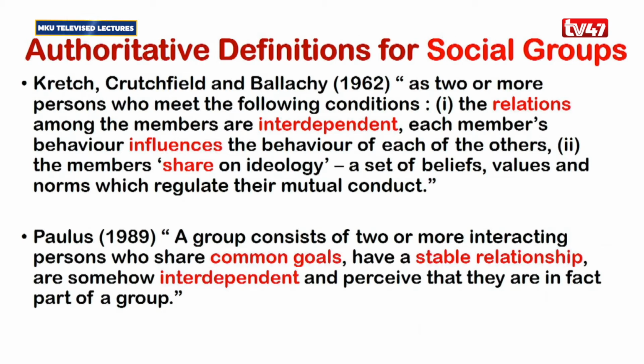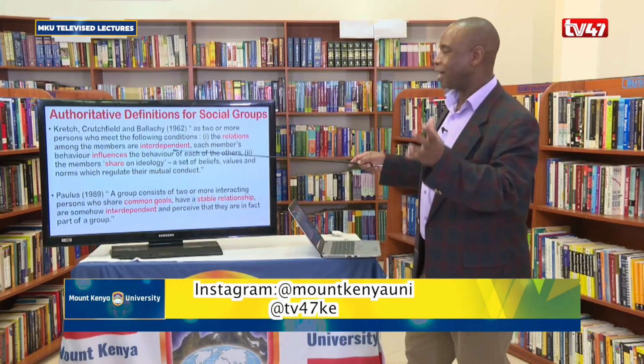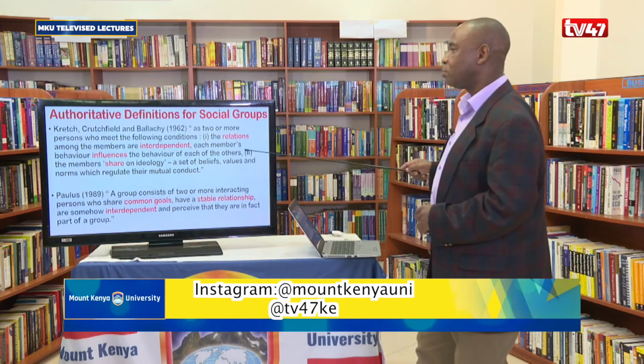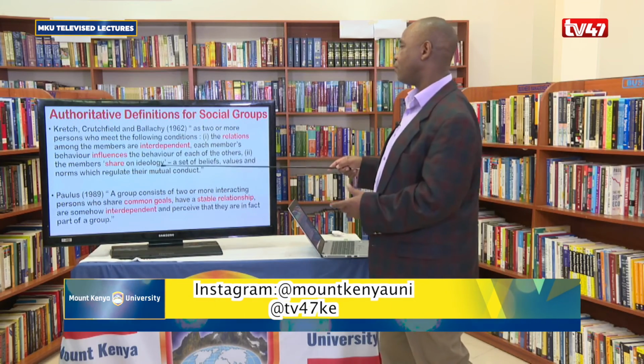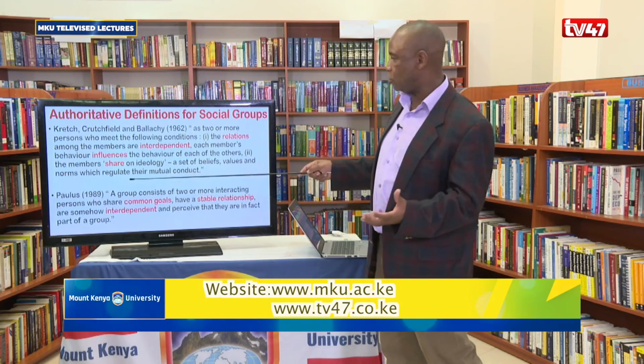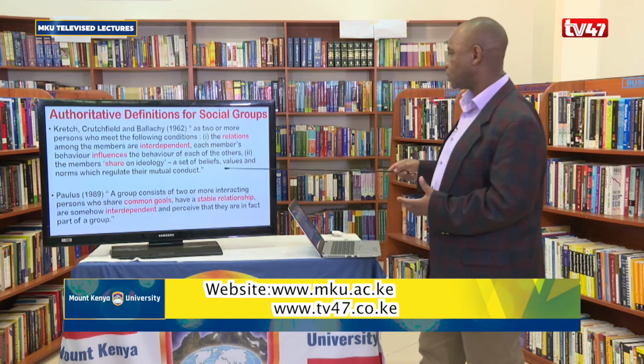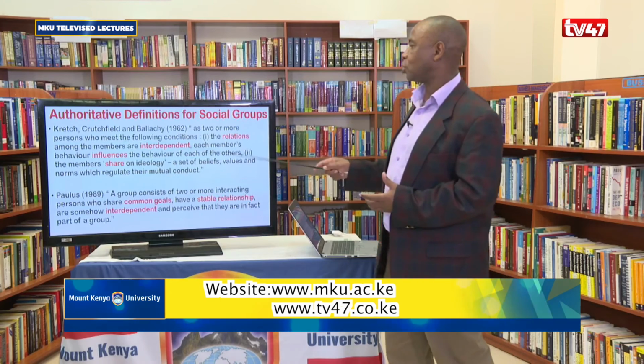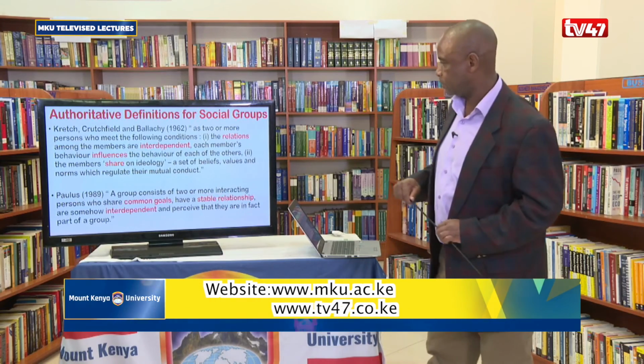A group of tourists watching a herd of buffaloes, the activities are not interrelated; the members who are doing that are not interrelated. Each member's behavior must influence the behavior of each of the others, and the members share an ideology, a set of beliefs, values, and norms which regulate their mutual conduct.